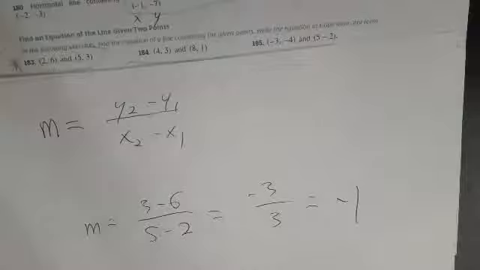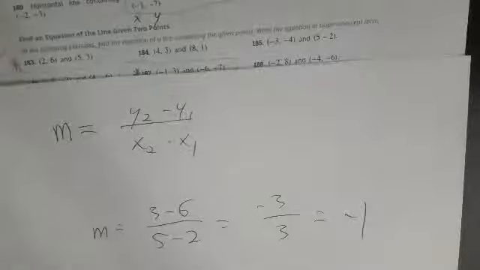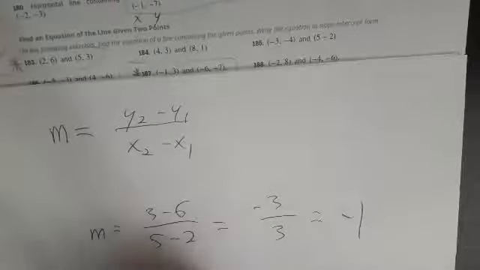So will we use just the first, like the 2 and 6? Yeah, you can actually use either one. It doesn't really matter. So if we do y minus y1, give me 6 equals minus 1, my slope, times x minus 2.